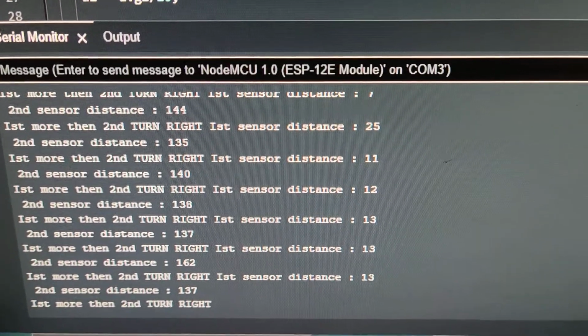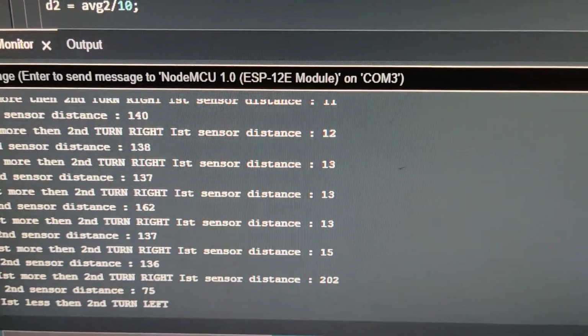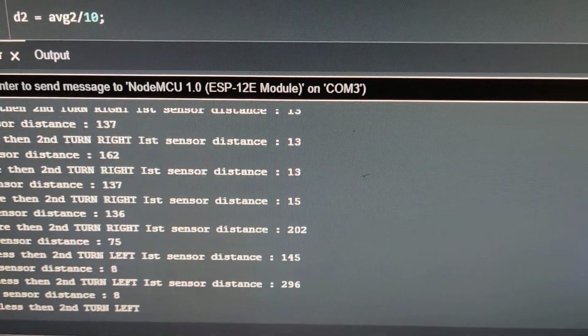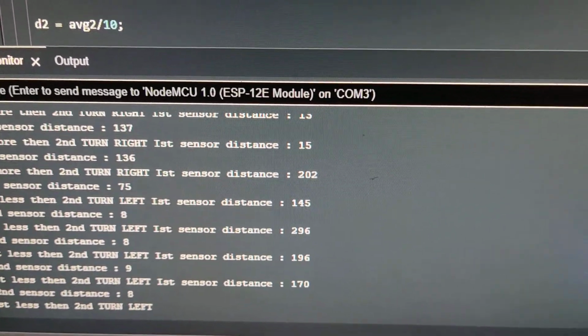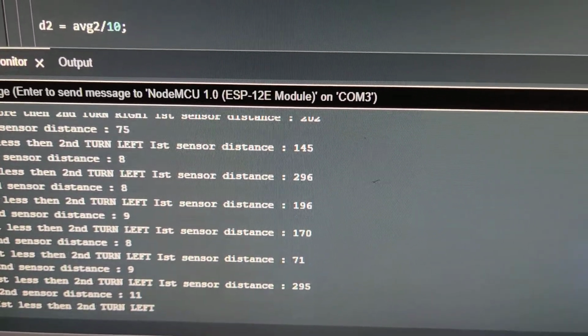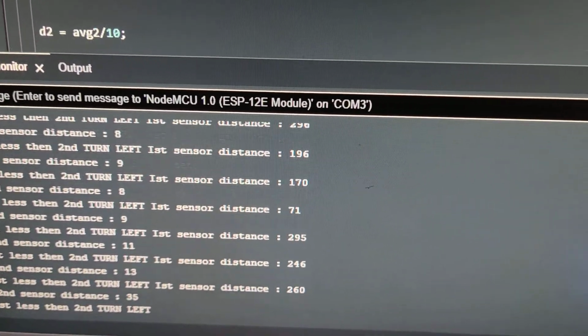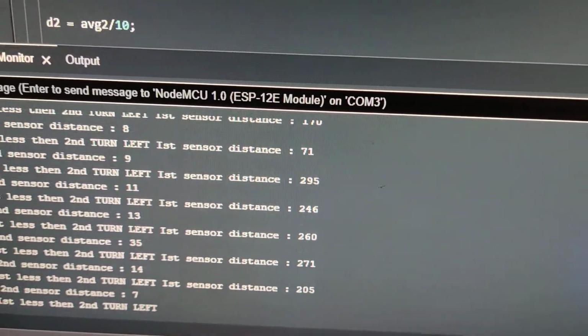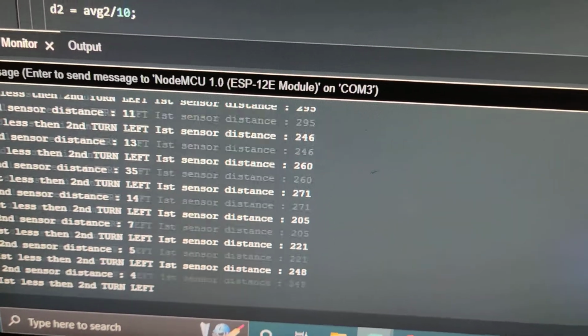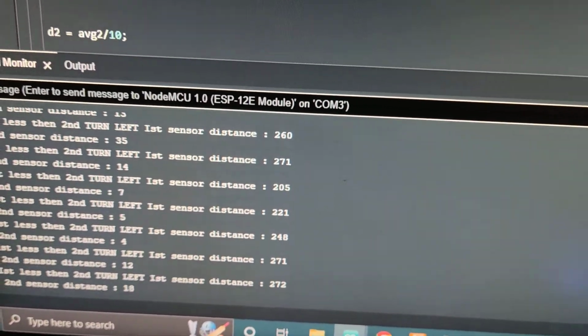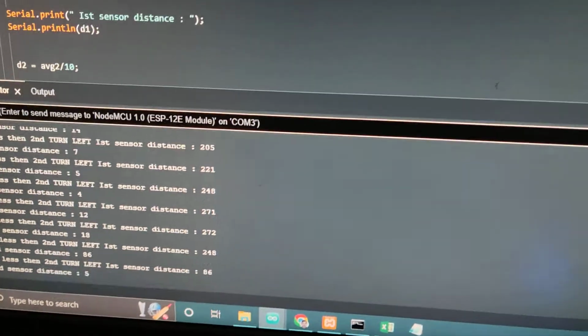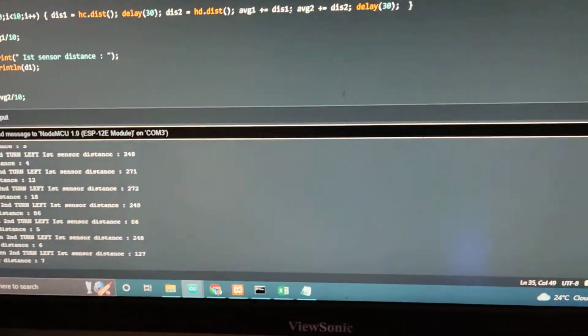It measures the distance. Similarly, I put the other sensor. This is measuring. I keep going slightly farther, so this also changes the distance.